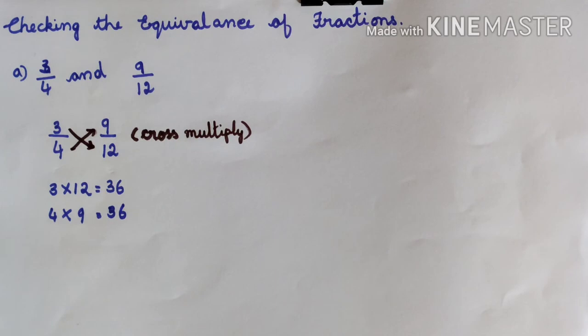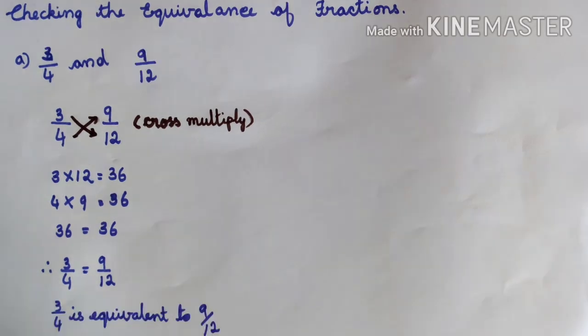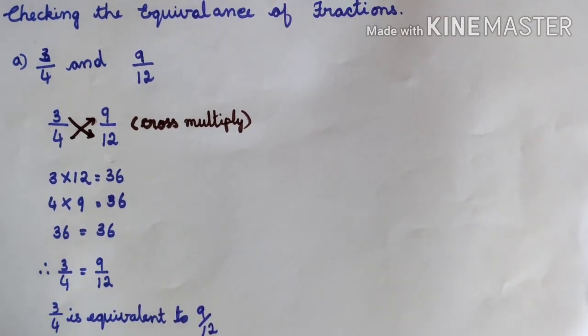If we see, the product of both the numbers when you cross multiply is the same. So therefore 3/4 is equal to 9/12, or 3/4 is equivalent to 9/12.